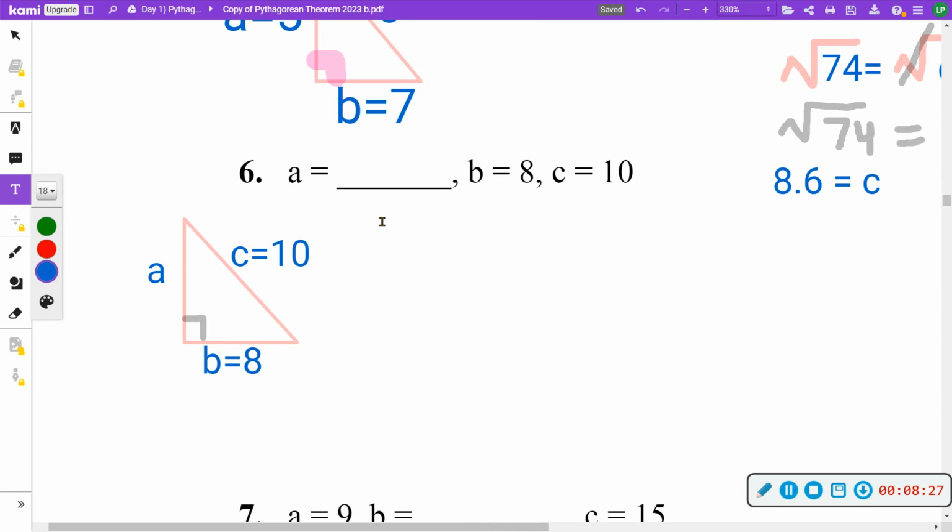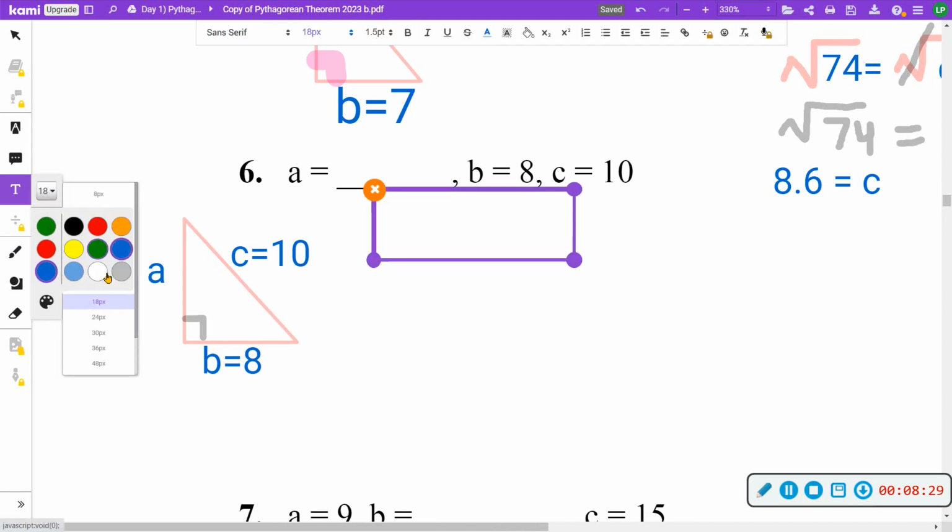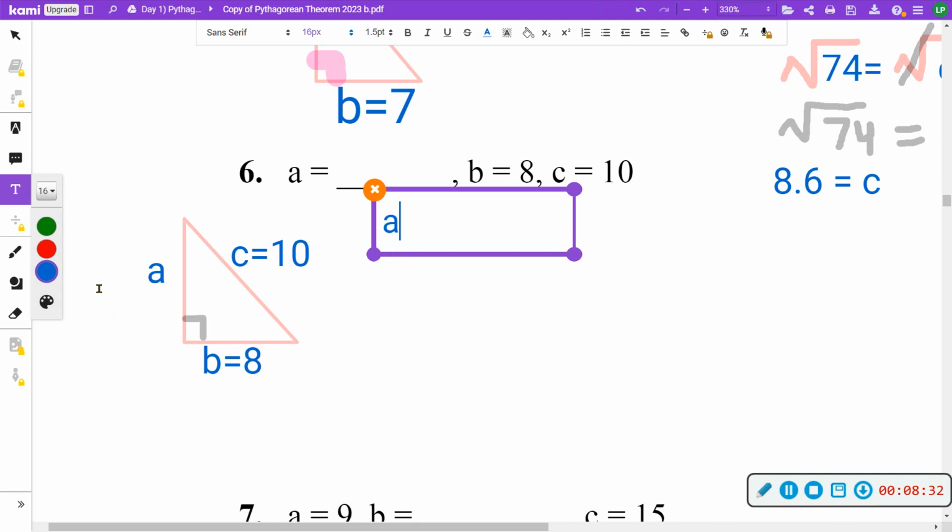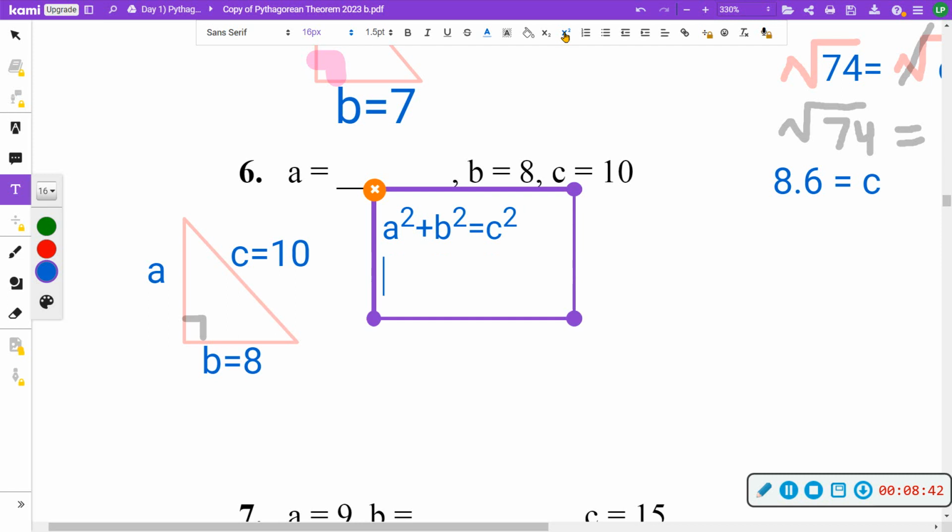I write down the formula, which is A squared plus B squared equals C squared. Now this time I don't know the A. I do know the B, that's 8.